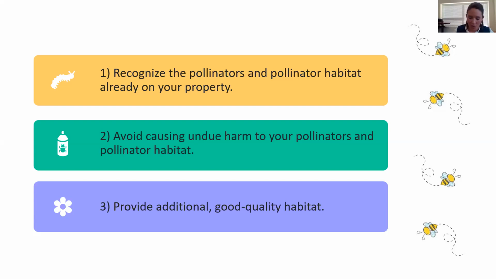You should also consider things like your HOA requirements. If you live in a subdivision with an HOA, they may have specifics written in your covenants or your CC&Rs about your lawn care and your maintenance, things like that. There may also be, depending on where you live, city zoning regulations that would require you to have specific landscaping in specific areas.